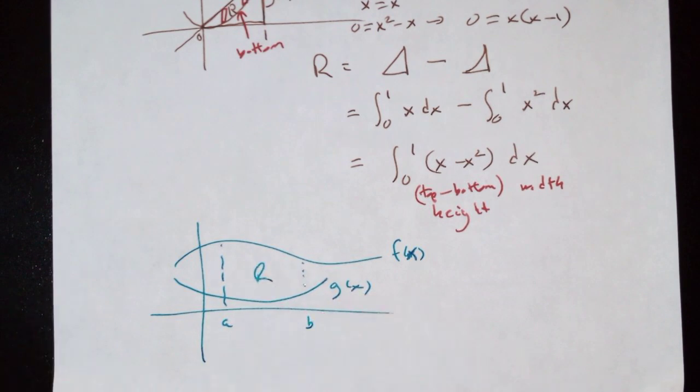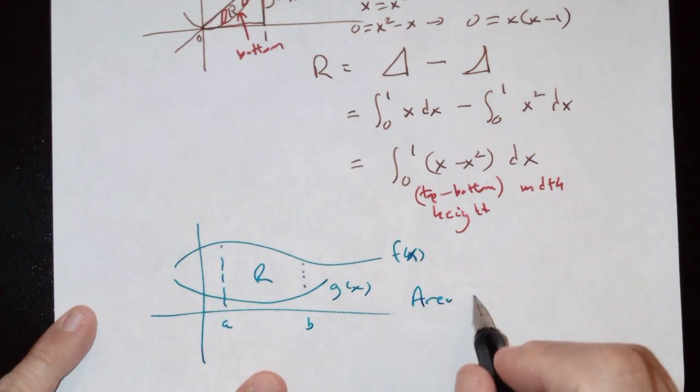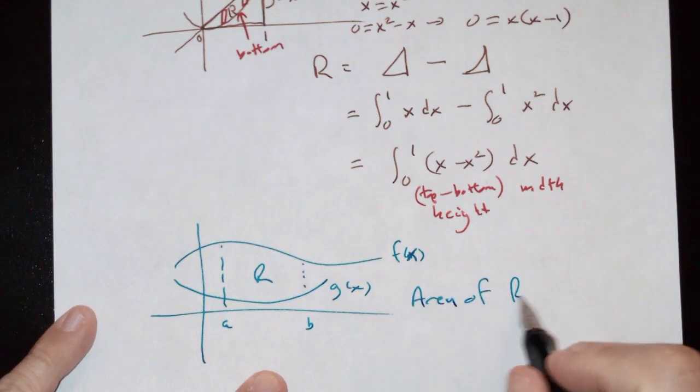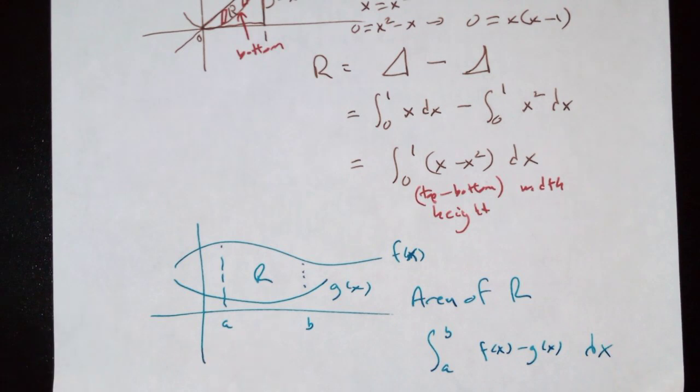If I have some region and it's got a boundary that is a curve on the top and a boundary that's a curve on the bottom, then the area of this region is the integral from a to b of f of x minus g of x dx.